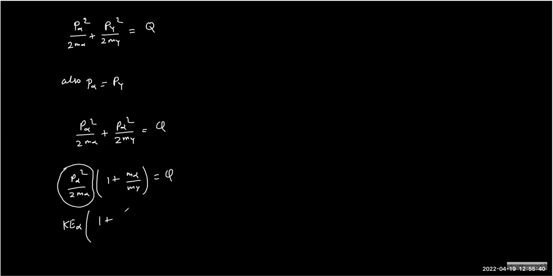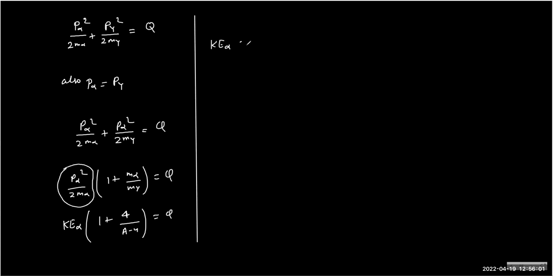And this is easy to write. The mass of alpha is 4 times the mass of a proton, and the mass of Y is A minus 4 times it. So we can multiply with it, the mass of a proton, but the ratio will be the same. And therefore the answer is pretty simple and easy to remember.